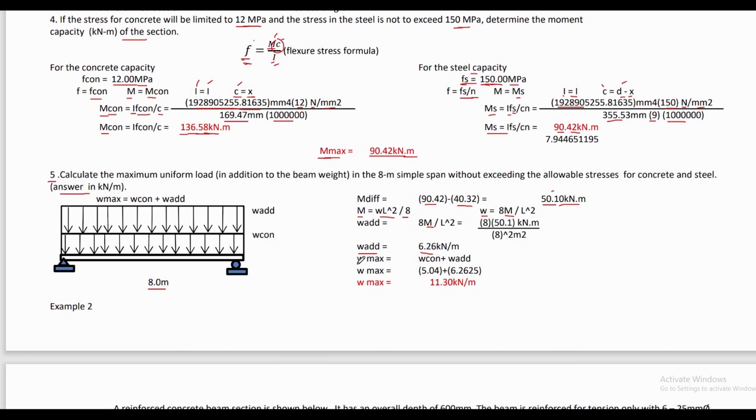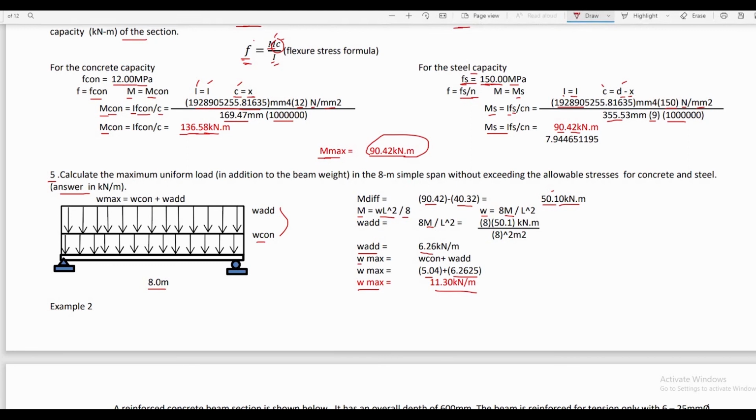If we add the value of W to our weight of concrete, that is equal to 5.04 plus 6.2625, and that is just equal to 11.30 kilonewton per meter. So the value of the additional weight and the weight of concrete alone is equal to 11.3 kilonewton per meter. If you substitute this value into the equation WL squared over 8, that is the maximum moment, it is equal to this value, 90.42 kilonewton meter.